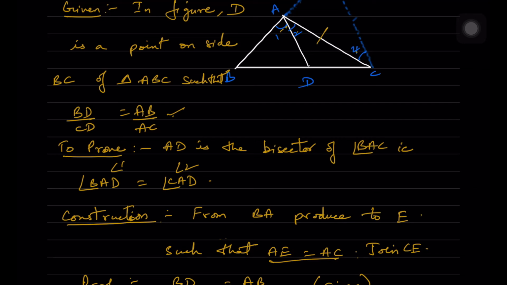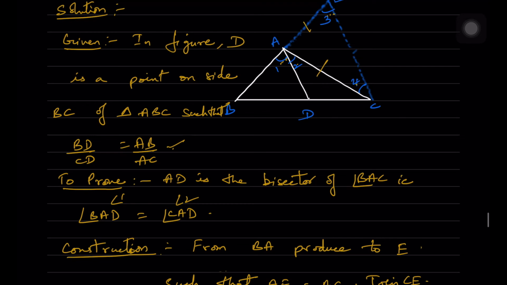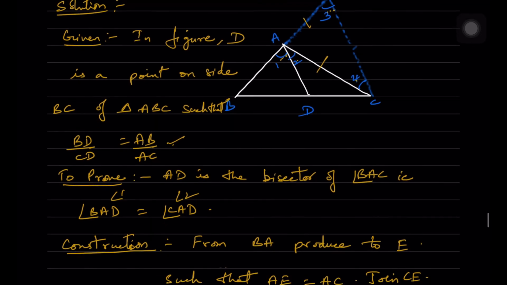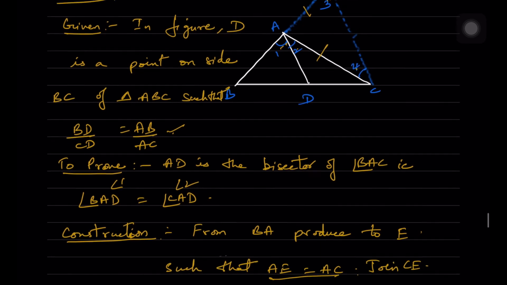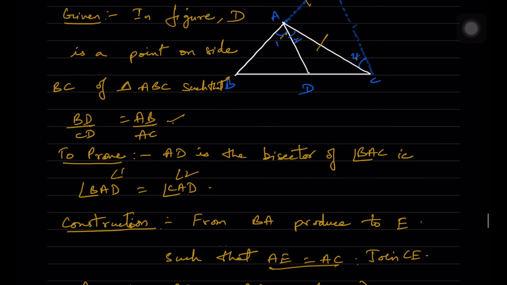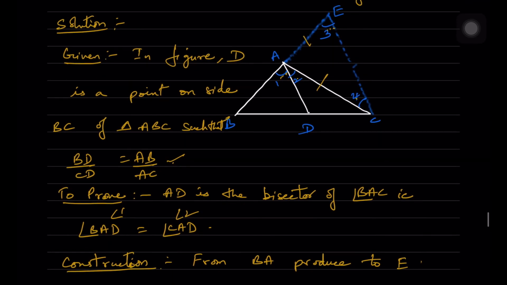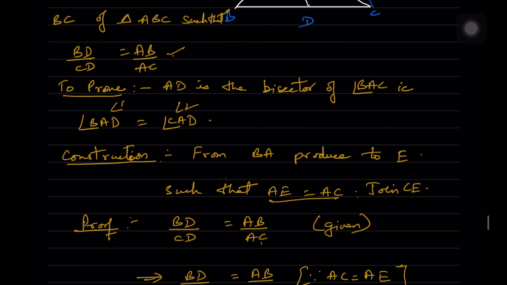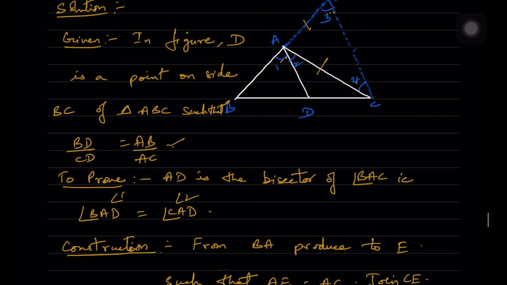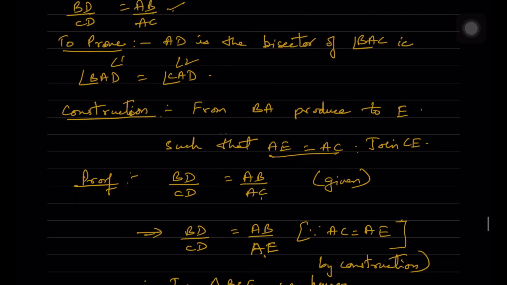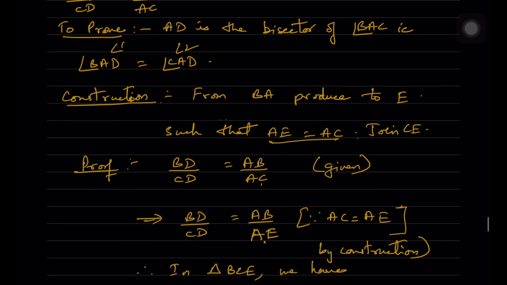So now from construction, what we are doing is, from BA we produce the line to E such that AE is equal to AC, and also join C to E. So now BD by CD is equal to AB by AC is given to us.